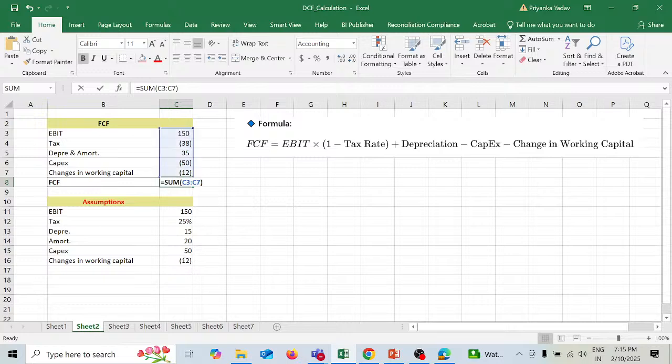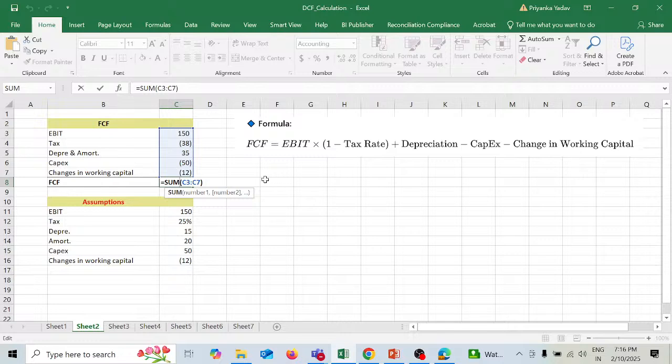If I sum this entire thing over here, so what I'm doing exactly here, EBIT, okay, this is already, I have multiplied it with the tax rate, so here I have got this figure. Okay, this is 38. Then I'm adding depreciation to it. Capex is being deducted, and change in the working capital, this is also being deducted.